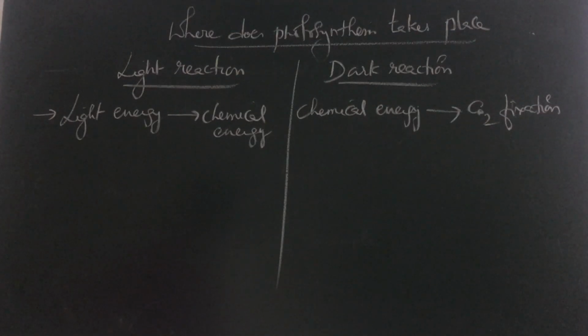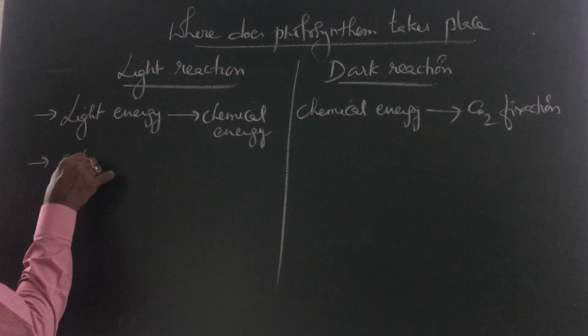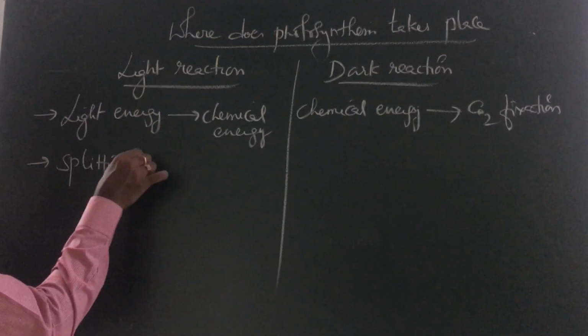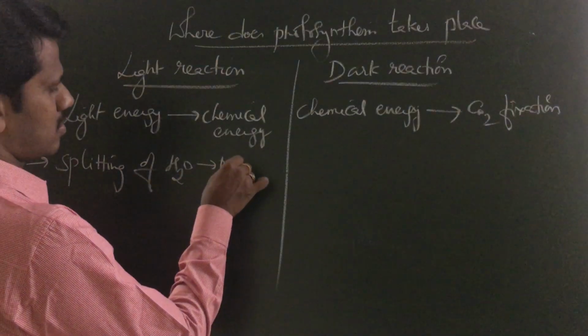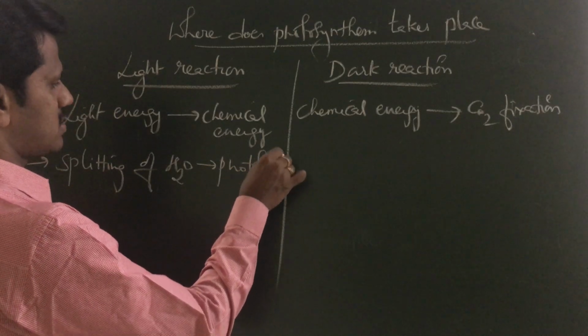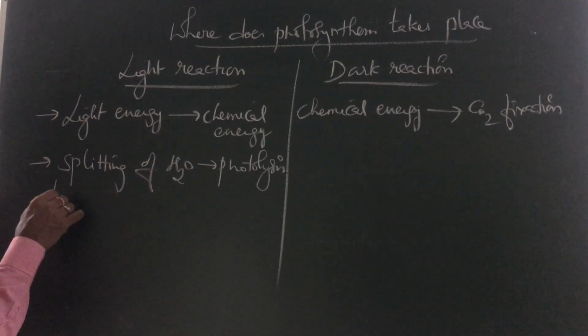Next, in photosynthesis, the splitting of water, which is called photolysis, occurs during the light reaction. Water is split in the light reaction to release electrons, protons and oxygen.